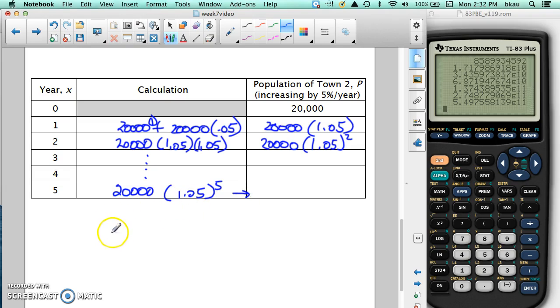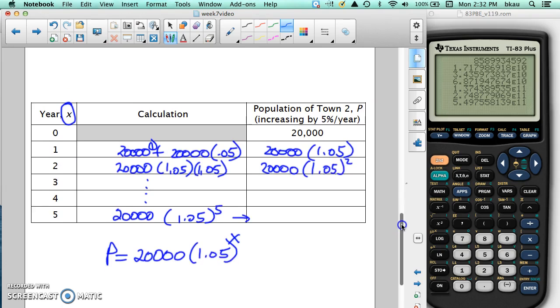All right, so in this one, the population equation would be the same version that you see up here, except instead of 5, our year is X here. So this would be our formula for that. This would give us a population each year after that. This is 100% of the population, but it's 5% increase.